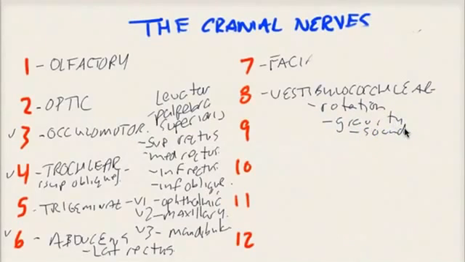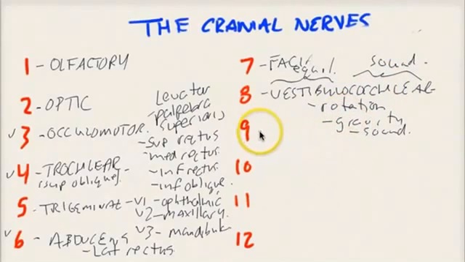Specifically, the vestibular branches carry the impulses for equilibrium, so rotation and gravity, while the cochlear branches carry the impulses for hearing, or sound. We'll go through the specifics of that in a few minutes.